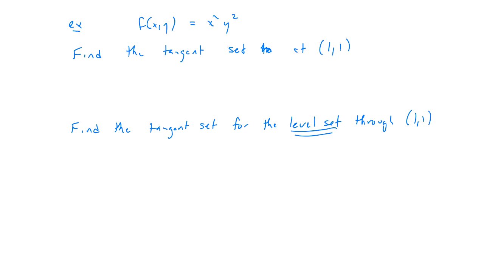I am fixing the function equal to whatever number I get when I plug in 1, 1. So in particular, here, it would tell me I have this function. So up here, for this one, I have this function.